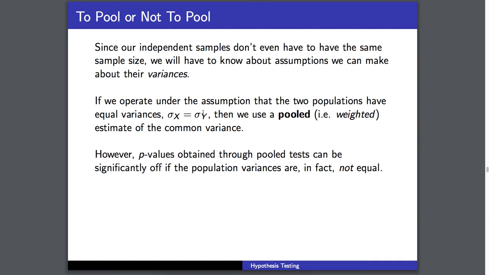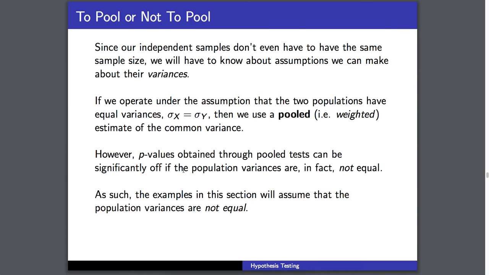However, the issue with pooling and assuming equal population variances is that the p-values you obtain through pooled tests can be significantly off if the population variances are in fact not equal. In other words, if we use a pooled independent samples test and the population variances were not equal, then the p-values we get are going to be significantly off, which could have severe negative consequences for our hypothesis testing.